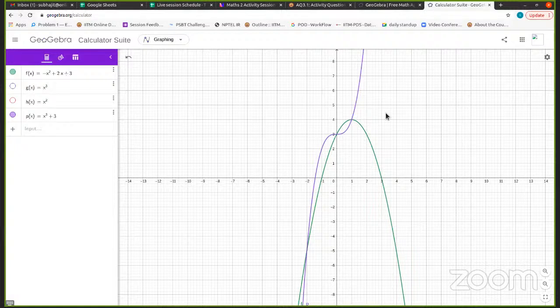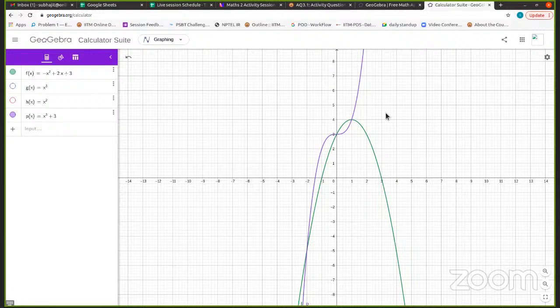Mr. Samit, you were asking about the point of inflection, no? The point of inflection is the point on the curve where the concavity of the graph changes, where the double differentiation comes to 0.